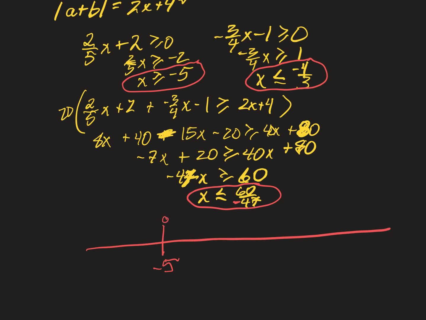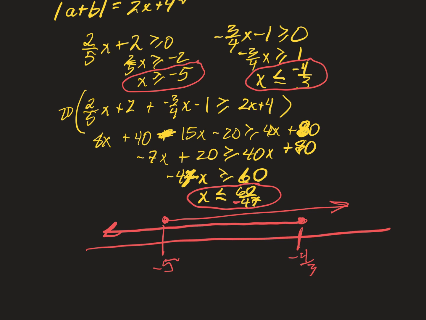And I have x is greater than negative 5. And then I have x is less than or equal to negative 4/3. So negative 4/3 is to the right of negative 5. And so I'd have this inequality. And then finally, the last one is x is less than or equal to negative 60 47ths.